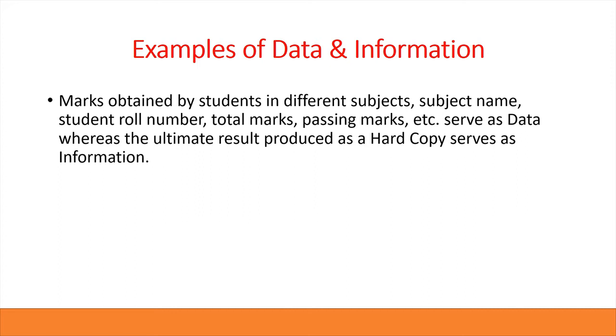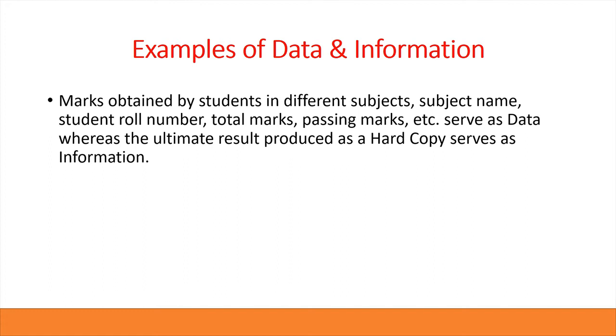All the teachers correct your paper. So what is the example here? Marks obtained by students in different subjects. Different subjects may have different names, different students will have different roll numbers, we have the passing marks, we have the total marks, and so on. All these serve as data.